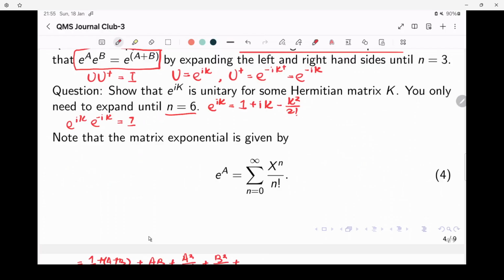I think this is minus as well. And then plus. Let's do it until here. I don't think you need until n equals 6.